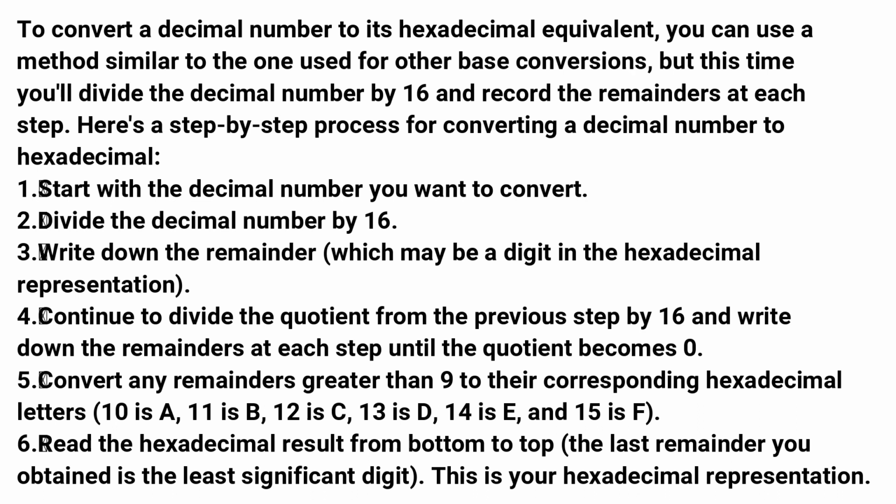Convert any remainders greater than 9 to their corresponding hexadecimal letters. 10 is A, 11 is B, 12 is C, 13 is D, 14 is E, and 15 is F. 6. Read the hexadecimal result from bottom to top. The last remainder you obtained is the least significant digit. This is your hexadecimal representation.